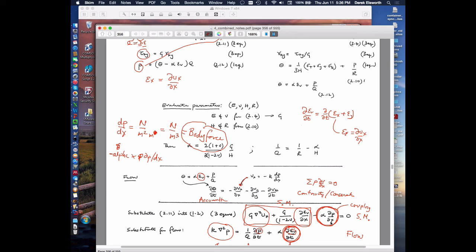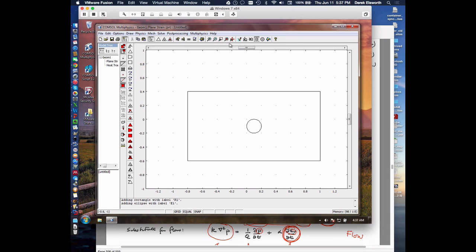So I'm trying to remember how to get the derivatives of those in there. Can't remember quite offhand. So let's do the one that includes the solid mechanics part first, because I think I know how to do that.